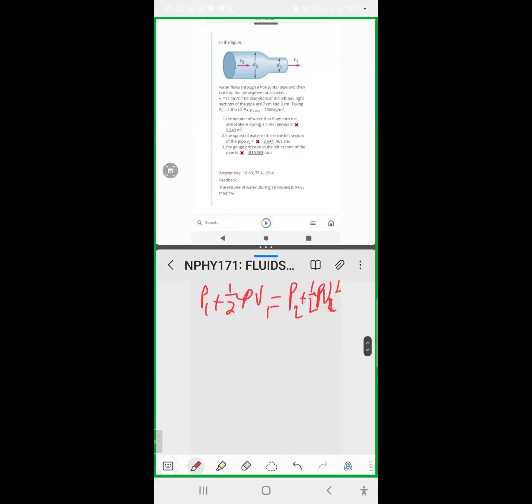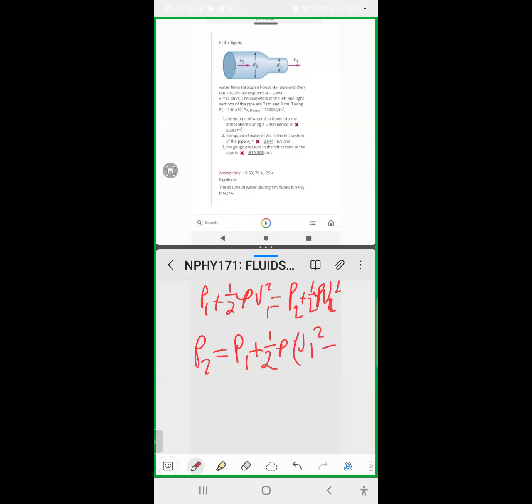Now P2 will be equal to P1 plus, taking half rho as a common factor, half rho times V1 squared minus V2 squared. My handwriting is bad, and I forgot the squared here.